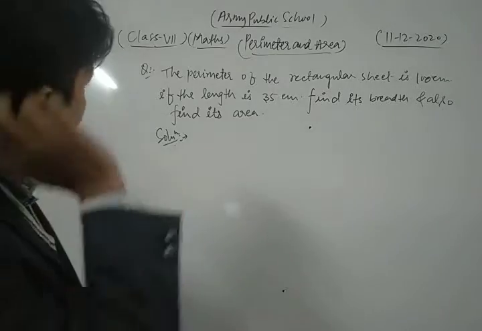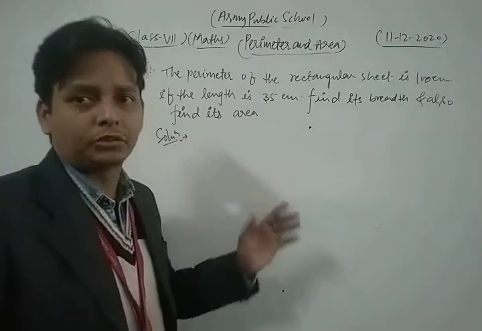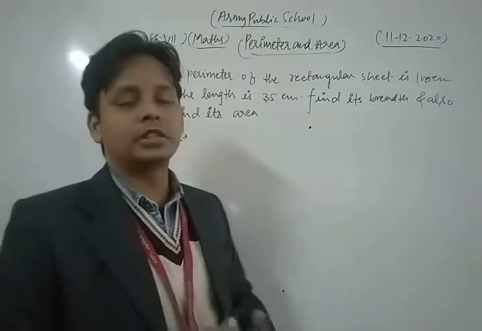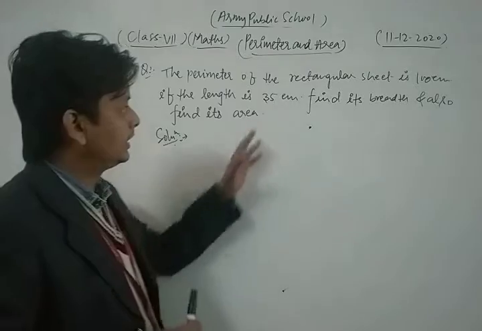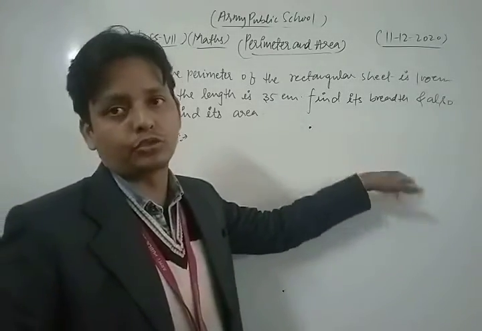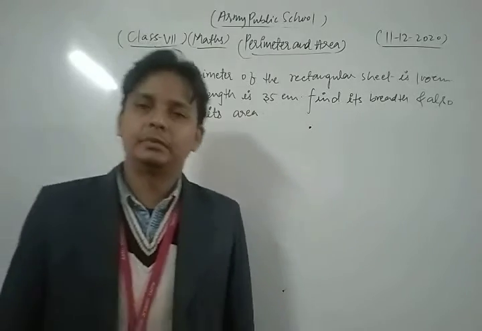Dear friends, in that question, the perimeter of a rectangular sheet is given as 100 centimeter. If the length is 35, then find its breadth, and also find its area. First of all, we find the breadth of the rectangle.